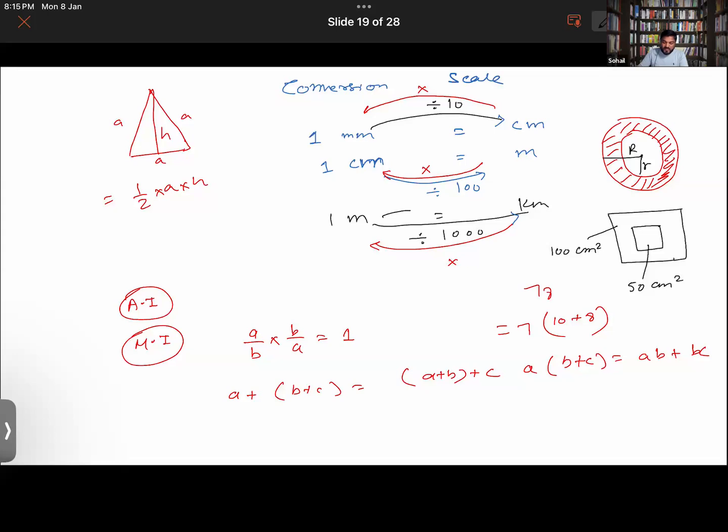So the remaining area will be 100 minus 50, 50 centimeters square. So what we did now, we subtracted the smaller area from it. Sir, is it pi into bigger r square minus smaller r square? Exactly. Getting it now, Arham. So you would be taking the area of the bigger circle and subtracting the area of the smaller circle from it. Thereby, you would be getting the area of the ring.